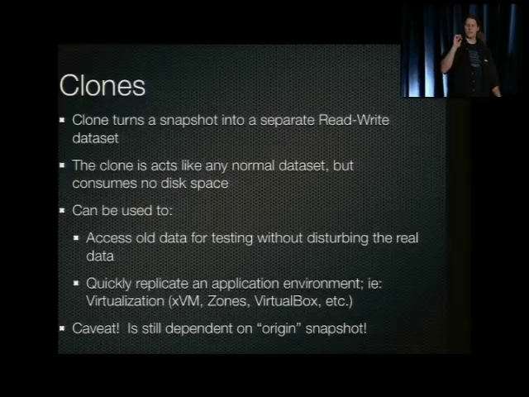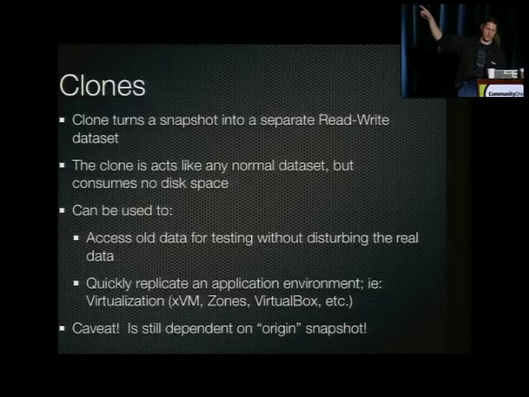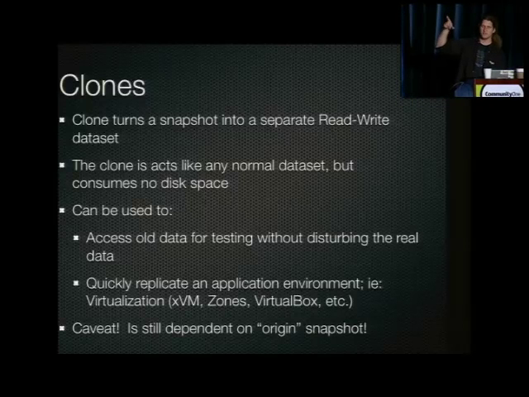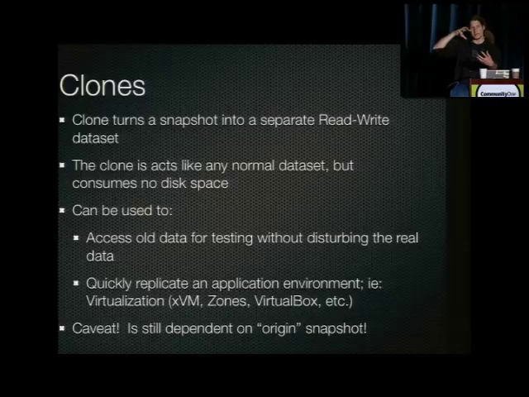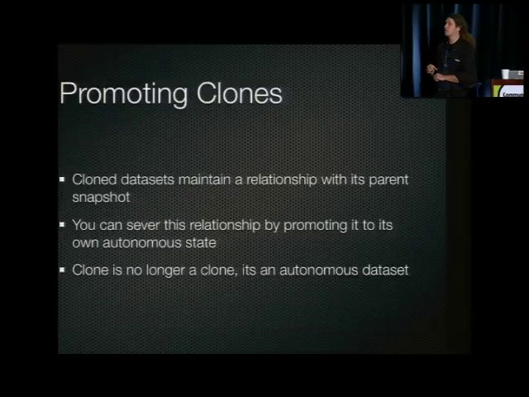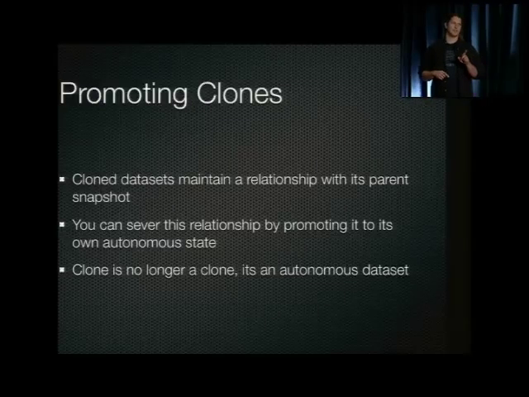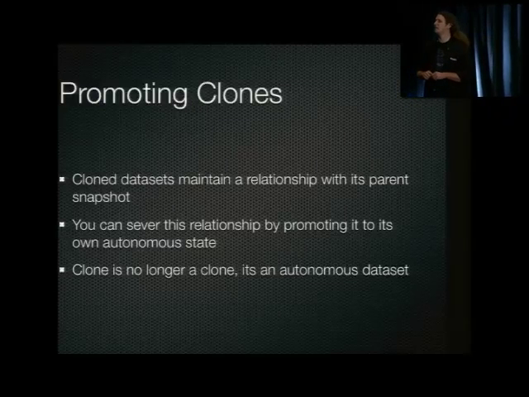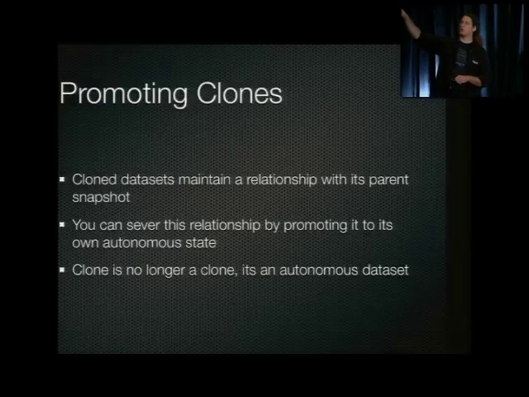Now, the caveat here is that you're still dependent on the origin snapshot. There's a relationship between the clone and the snapshot. Therefore, there's another option, which can be a little confusing initially, called promotion, which allows you to promote a clone.